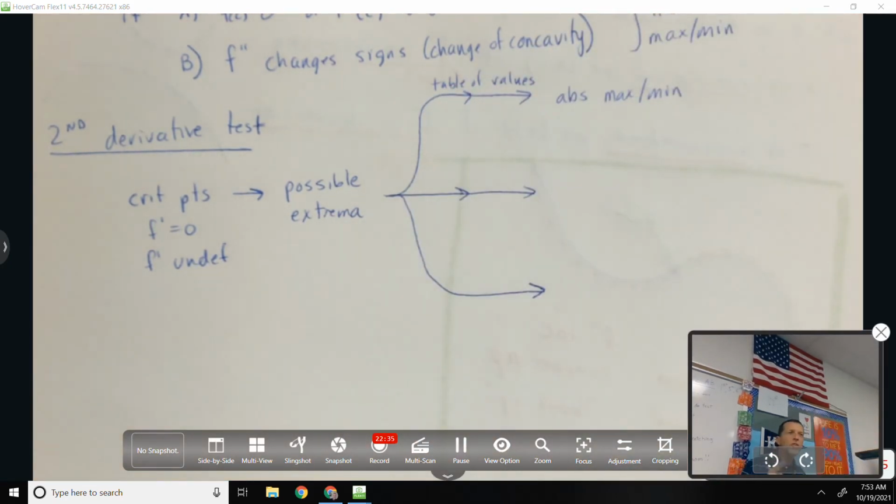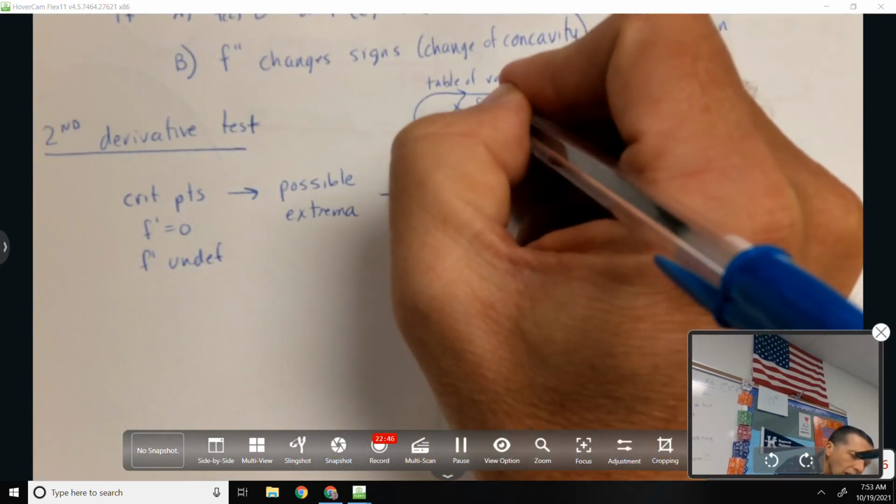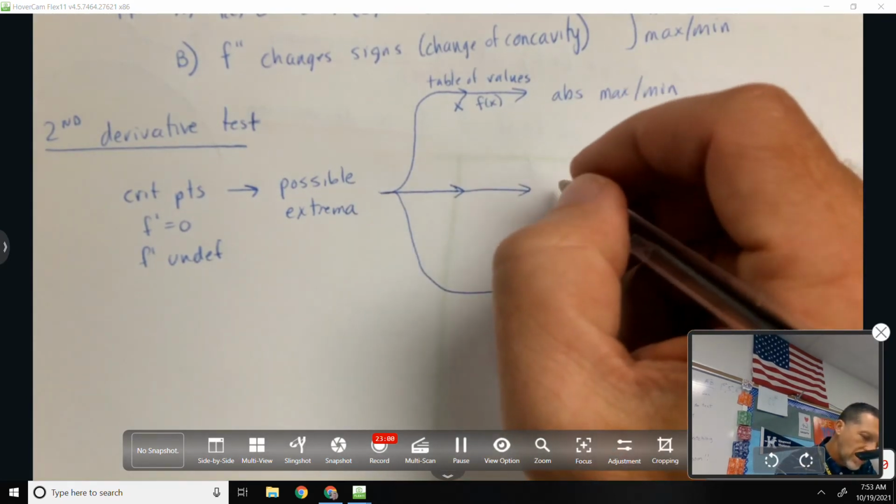And when you use the table of values, did you plug it into f prime, or f double prime? F. You had your table, x and f of x, or x and y. And then you just grab the tallest y and the shortest y for your max and for your min. That's one route to take that takes you to the absolute max and min.